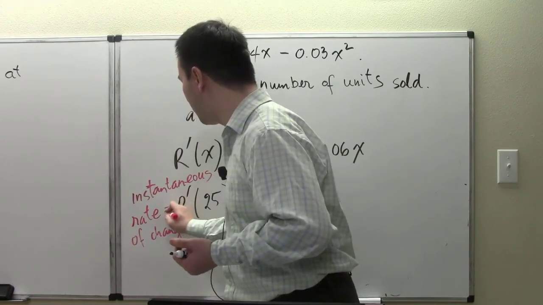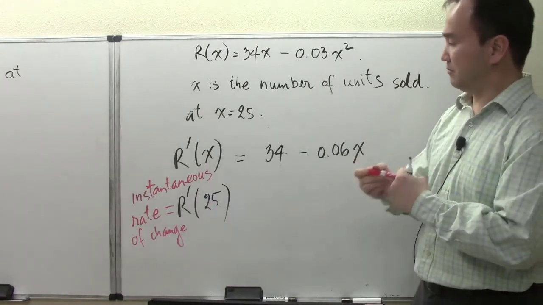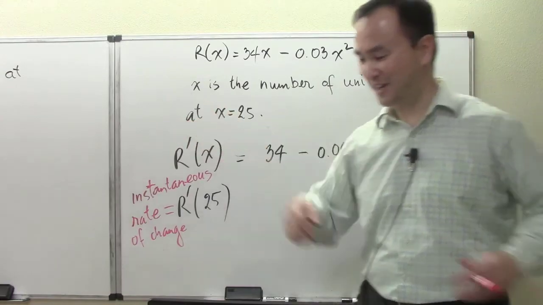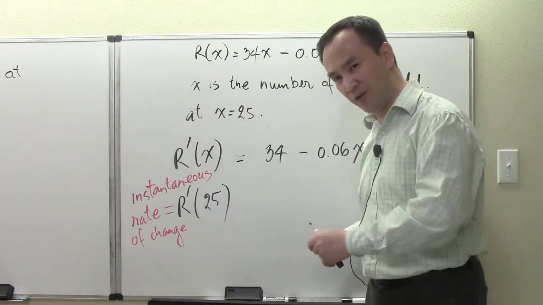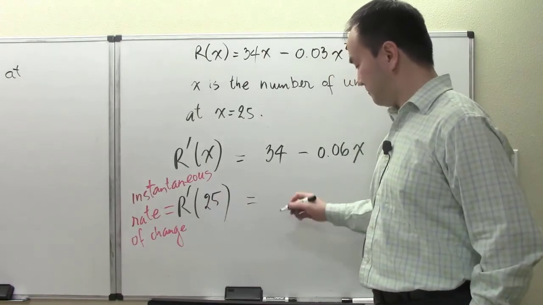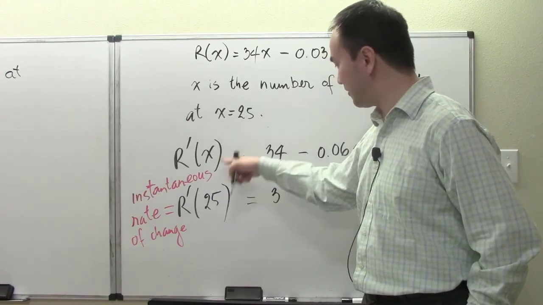All that equals R prime at 25, because the derivative here is just a general rule of how we can obtain the instantaneous rate of change at any specific given value. So R prime at 25 means we are going to substitute x equals 25 into our derivative.